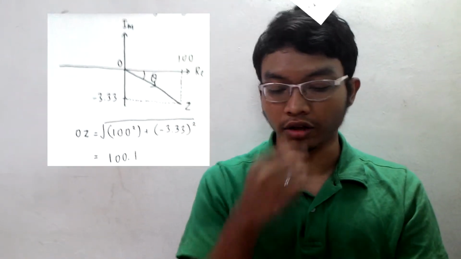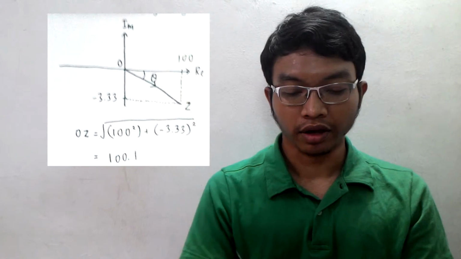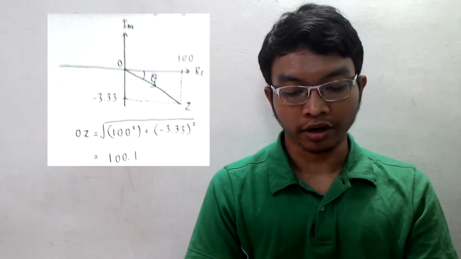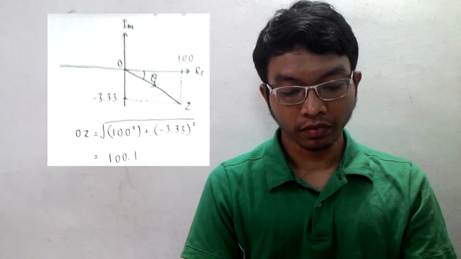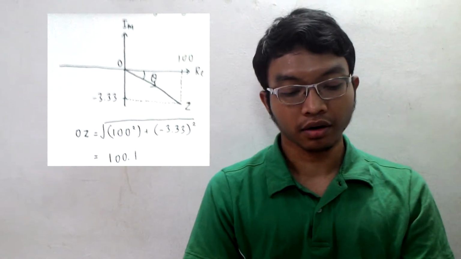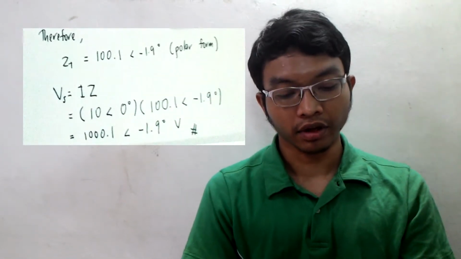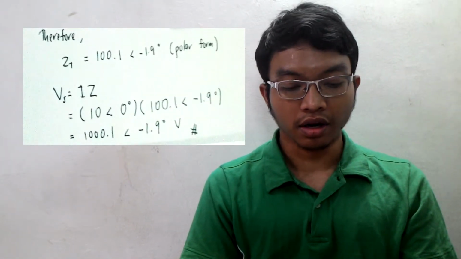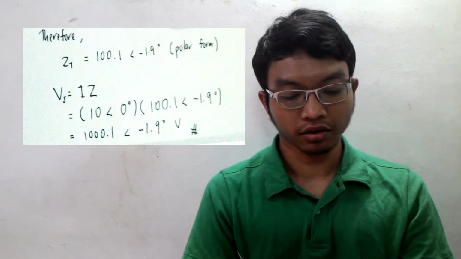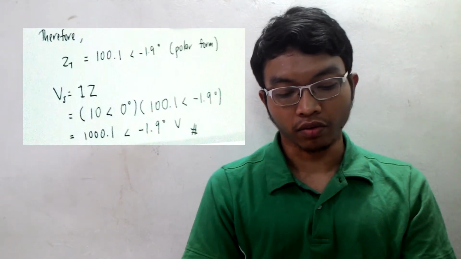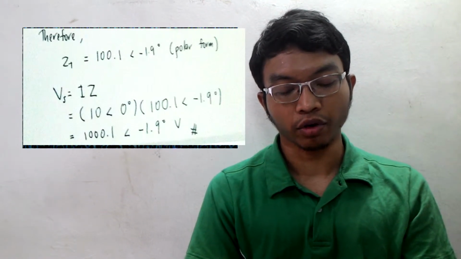After that we use the theorem of Pythagoras on the answer. Okay, and we got the total impedance in the polar form. So after that we use the formula V equals Iz, and we multiply the current with the impedance, and we got the answer. So the answer is 100.1 at negative 1.9 degrees.